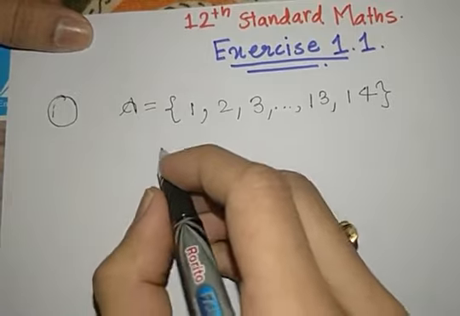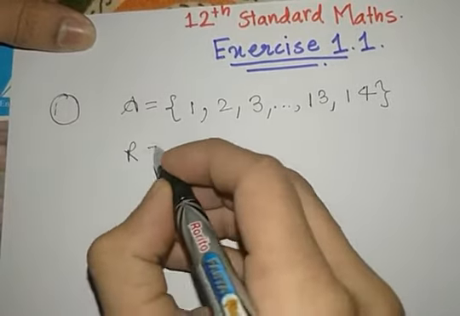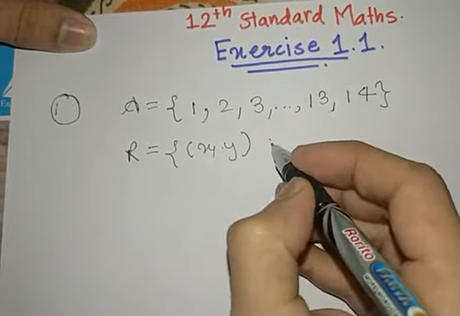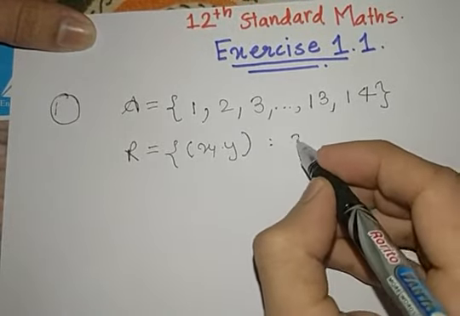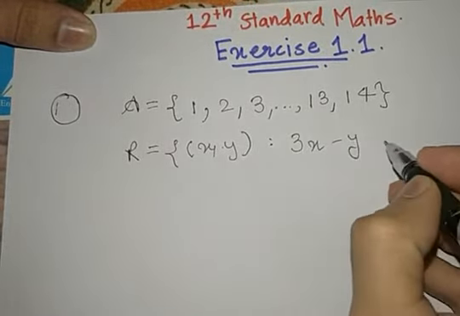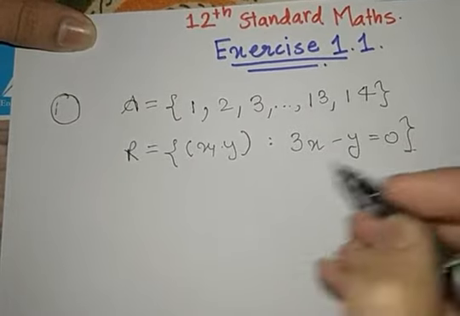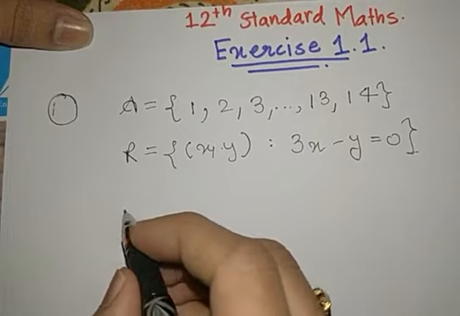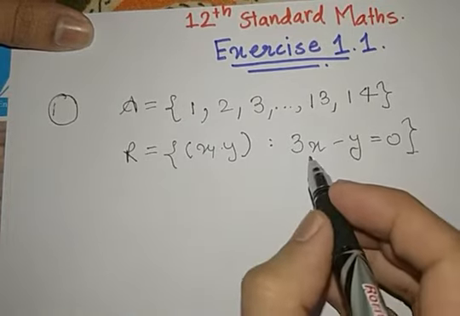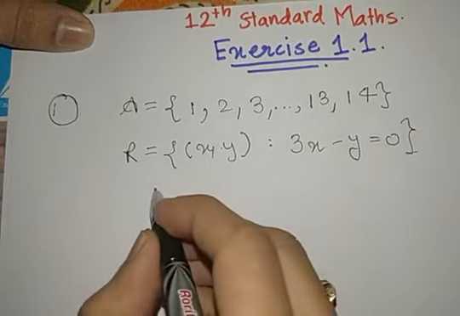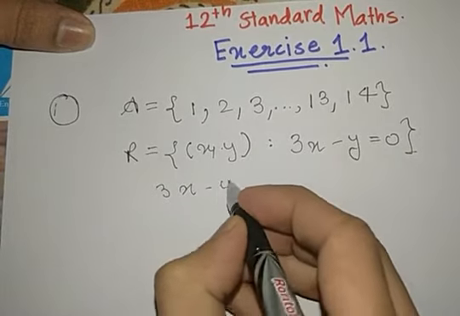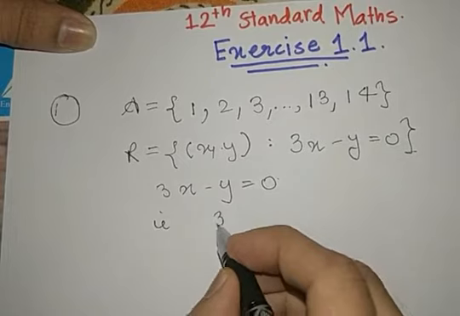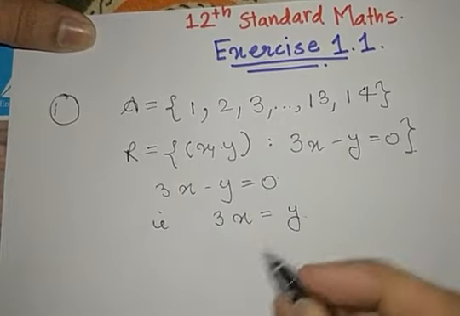Then you have the relation R equal to the set of all (x, y) such that 3x minus y is equal to 0. This is the relation which is given to you. Now let us first solve this. So what you will get, 3x minus y equal to 0, so that is 3x is equal to y.